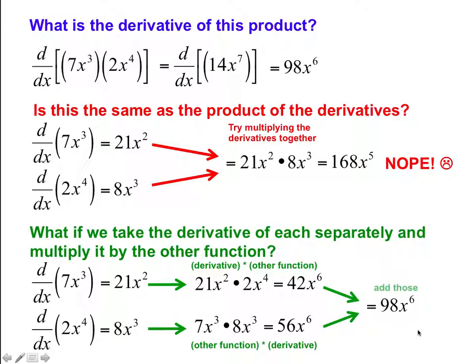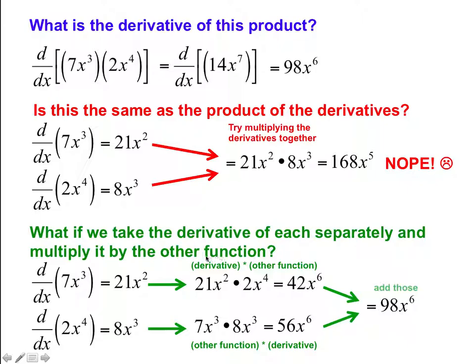So in other words, I had to take the derivative one at a time. And the reason why is because I had to preserve this power. I couldn't reduce both powers at the same time. If I reduce both powers at the same time, then I end up with not enough power. So I had to reduce one expression's power, and then in a separate step, reduce the other expression's power. And that ends up giving us the right answer.